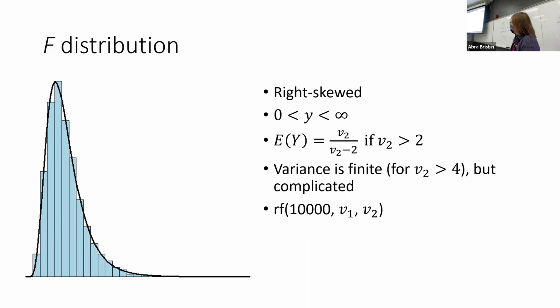The variance of the F distribution is finite as long as V2 is greater than 4, but it has a pretty complicated formula. So typically we're not going to worry about it in this class. Typically we'll compute it empirically using R if we need it.